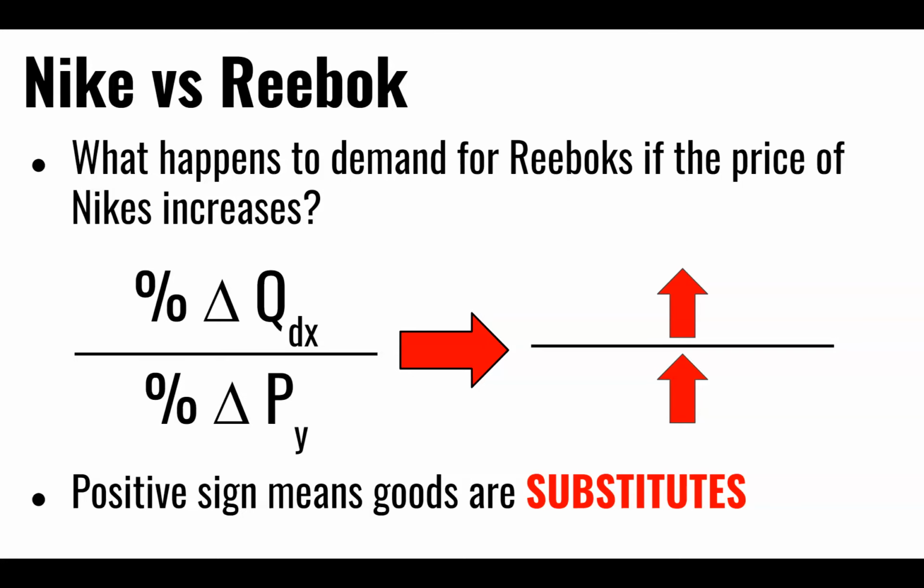I'm not buying as many Nikes, but I still need shoes, so I'll buy this other brand. So we've got two positive numbers here. A positive leads to a positive number. And so we can summarize that substitute goods have a positive cross price elasticity coefficient.